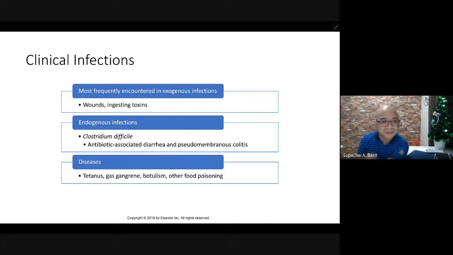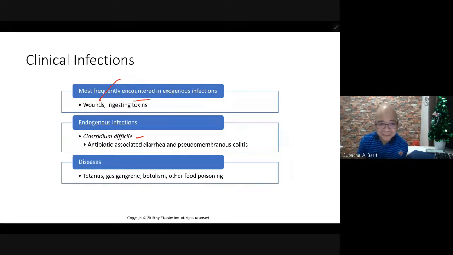So let's discuss clinical infections. They are most frequently encountered in exogenous infection, such as in wounds and ingesting toxins. Some of them could be endogenous infection. An example of endogenous infection is the one caused by Clostridium difficile.